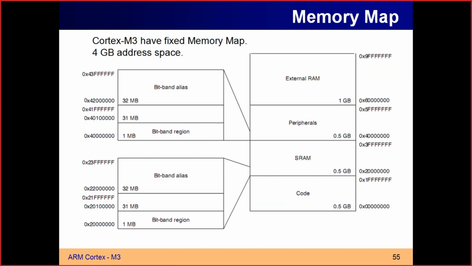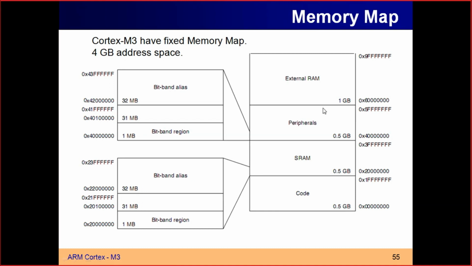The first 0.5 GB is known as code memory. The next 0.5 GB is known as the SRAM area. The next 0.5 GB is the peripherals area. And the next 1 GB is for external RAM.